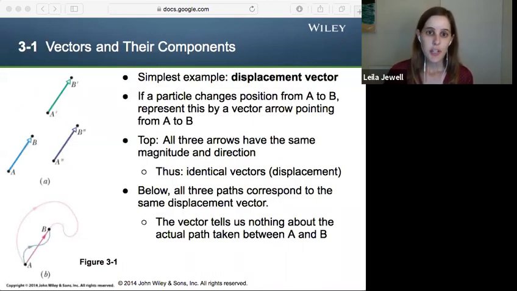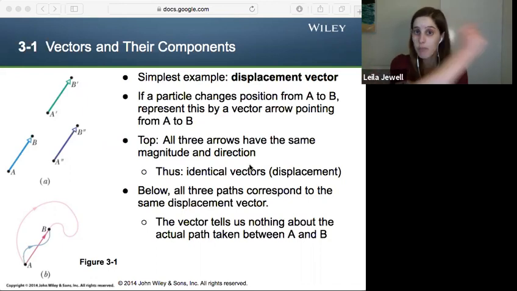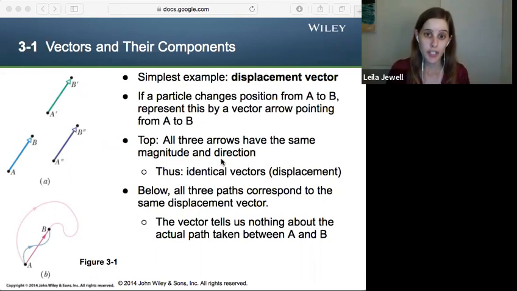So the simplest example of a vector would be a displacement vector. A displacement vector could be if something changes position. It goes from point A to point B. It has been displaced that distance, right? And so we could represent that by a vector arrow that points from point A to point B to say, hey, whatever this particle is, it went from A to B. Cool.